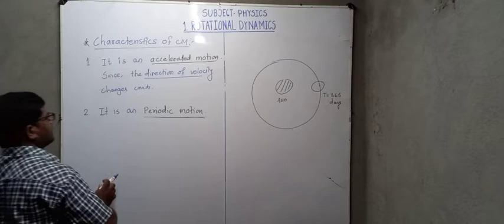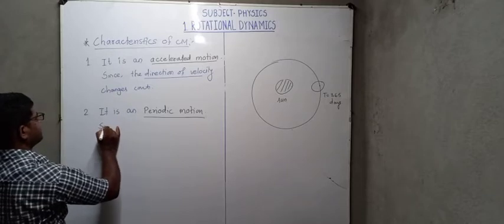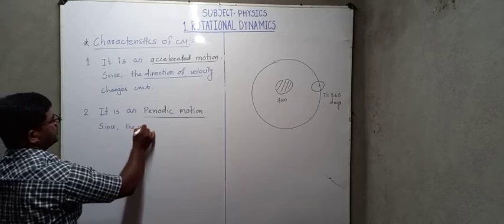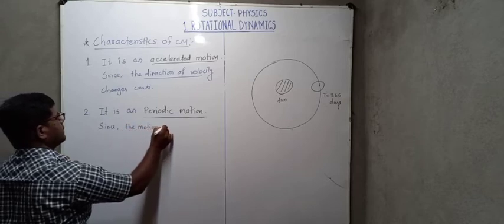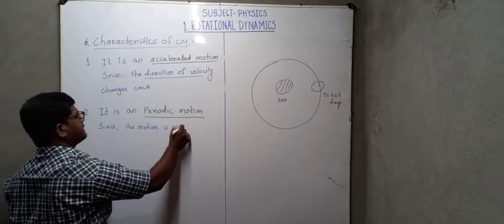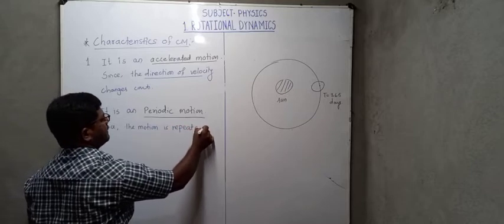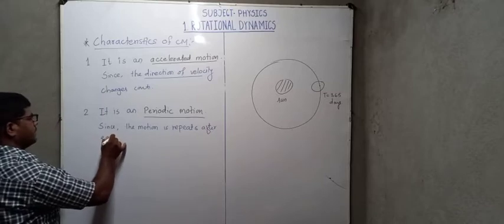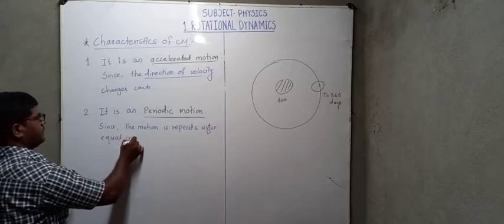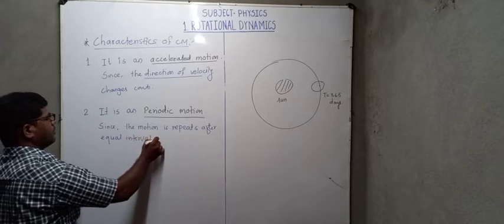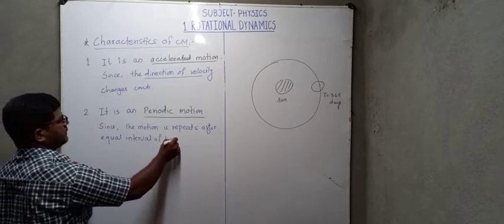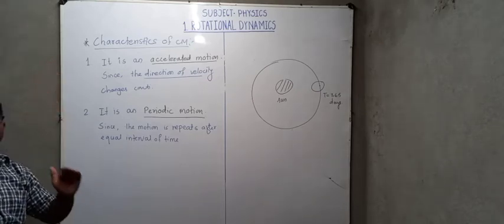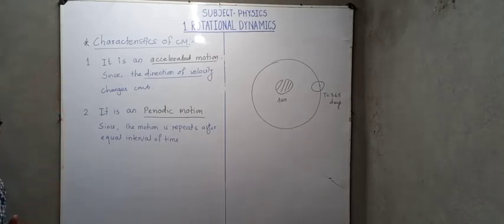The reason of periodic motion is since the motion repeats after equal interval of time. These are the two characteristics as far as circular motion of the particle is concerned.